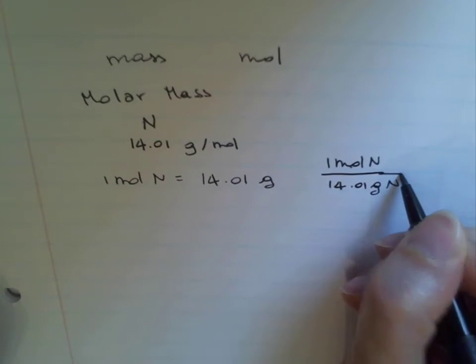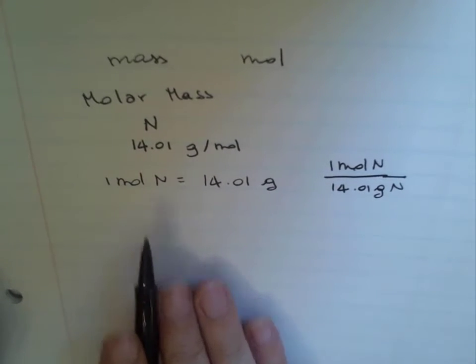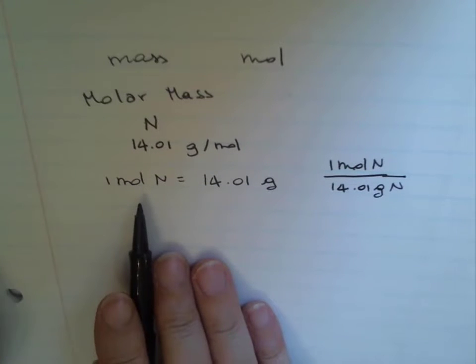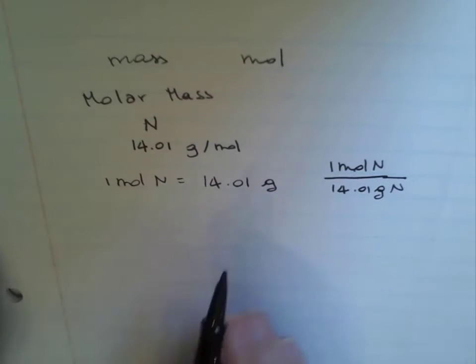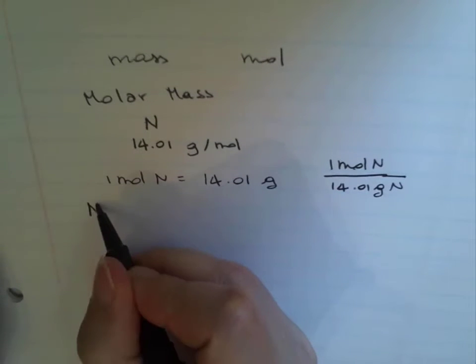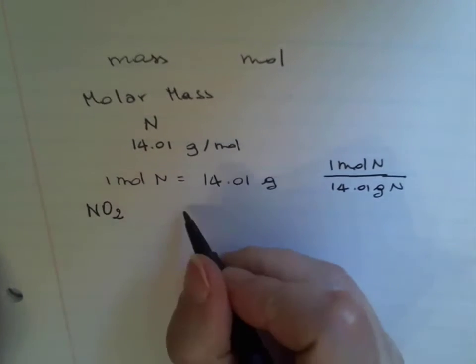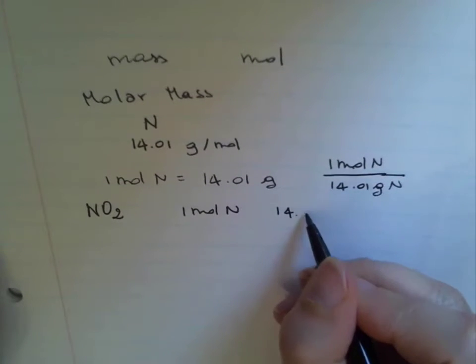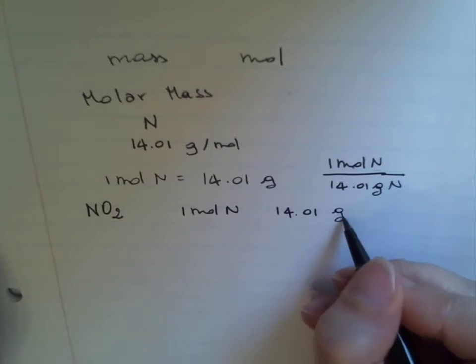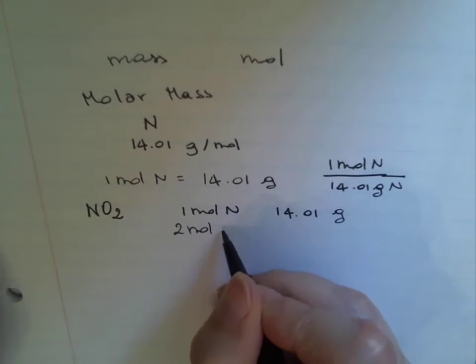For a molecule, the molar mass can be easily calculated as the sum of the molar masses of the atoms that compose the molecule. So for example, NO2 will contain 1 mole of nitrogen that weighs 14.01 grams and 2 moles of oxygen.